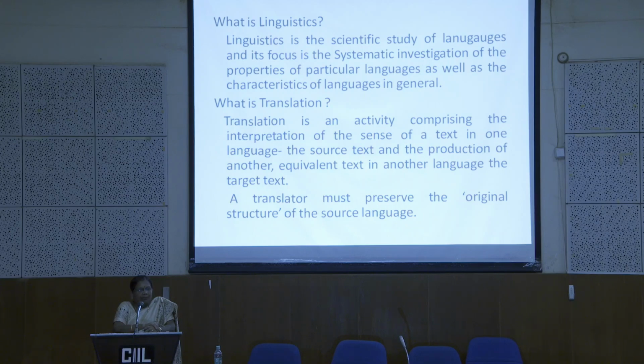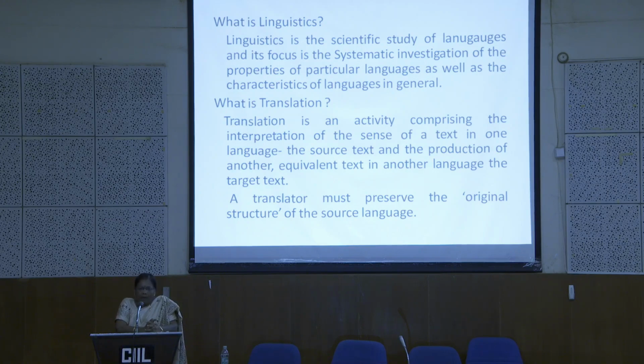I came to know that you are all from India, which is a multilingual, multicultural nation. So you belong to different languages. You might have ancient literature in your language, but you are not able to read it.